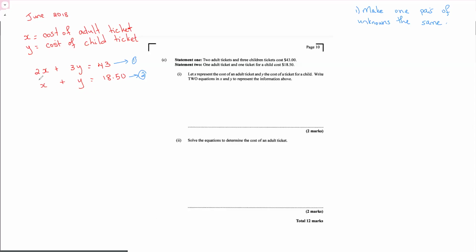Now, I could make the y's the same by multiplying all of equation 2 by the number 3. Or I could make the x's the same by multiplying all of equation 2 by the number 2. So I'm going to make the x's the same.